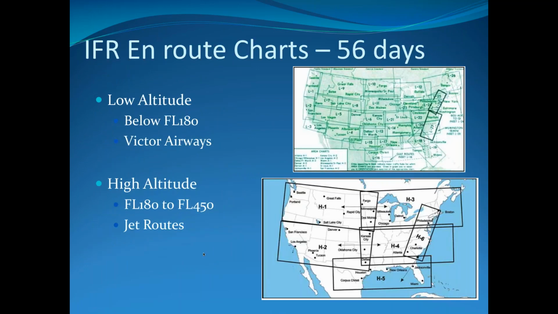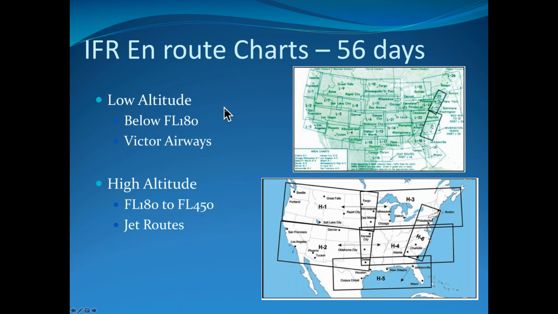Low and high altitude chart information, and then area charts. Here you can see, as we talked about yesterday, we have the low altitude charts, and there are a lot more low altitude charts than there are high charts. We have more high charts now than this; this screenshot was taken a while ago.